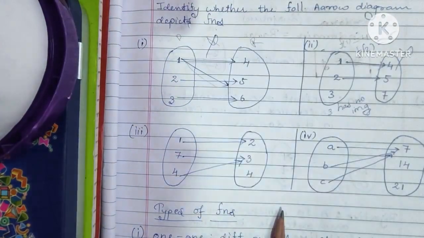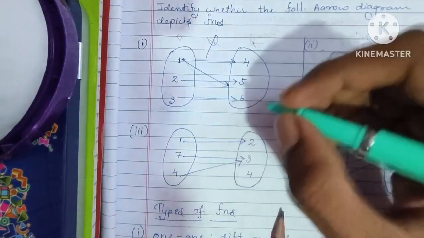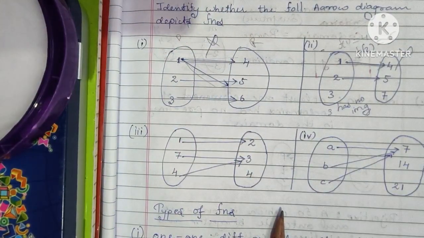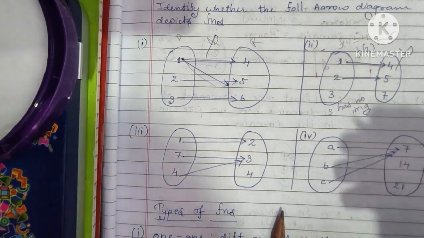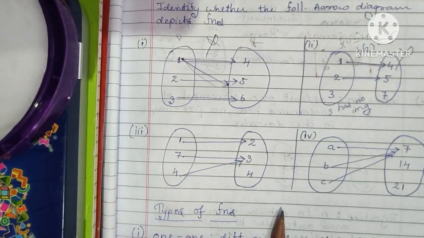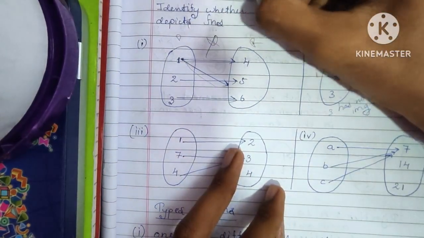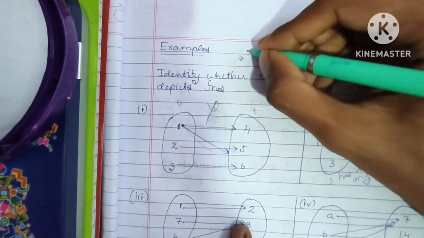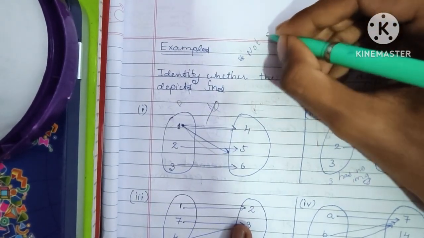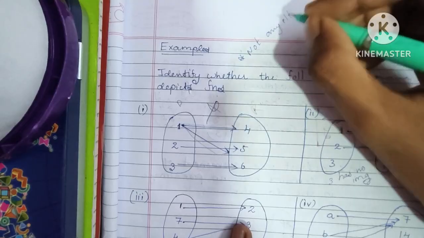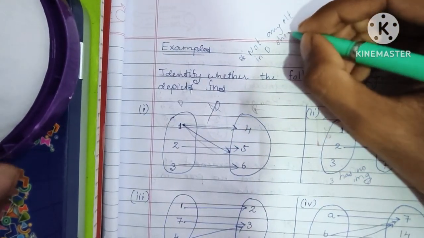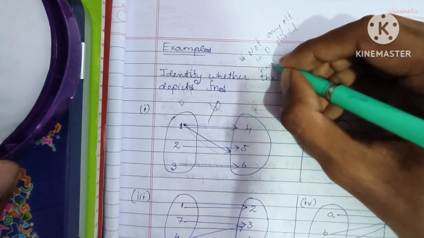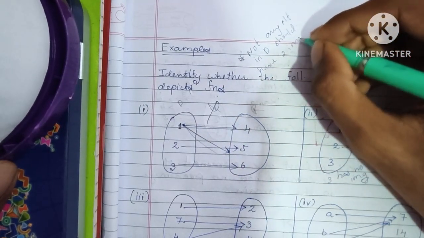The first one is also not a function since 1 has two images. So no value in the domain can have two images. That is the basic condition that you should remember. And every element in the domain should have an image. Not any element in the domain, D means domain, should have two images.